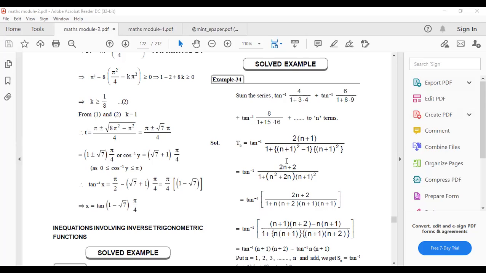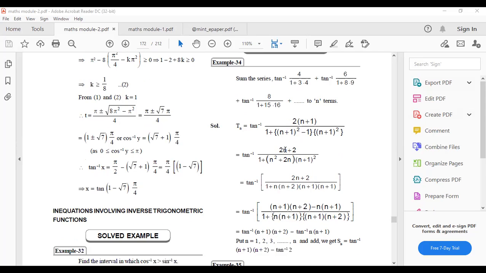Tan inverse 4 upon 1 plus 3 into 4, tan inverse 6 upon 1 plus 8 into 9, plus tan inverse 8 upon 1 plus 15 into 16, up to n terms.